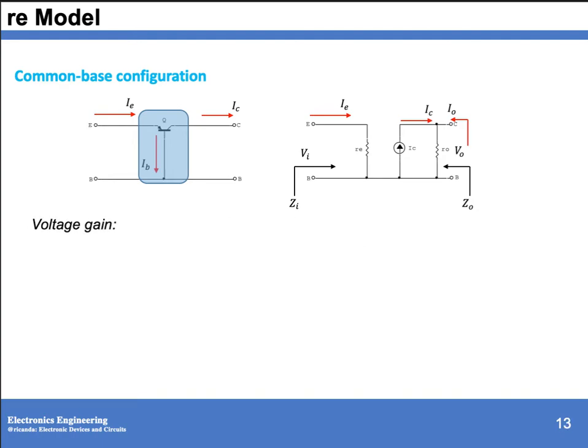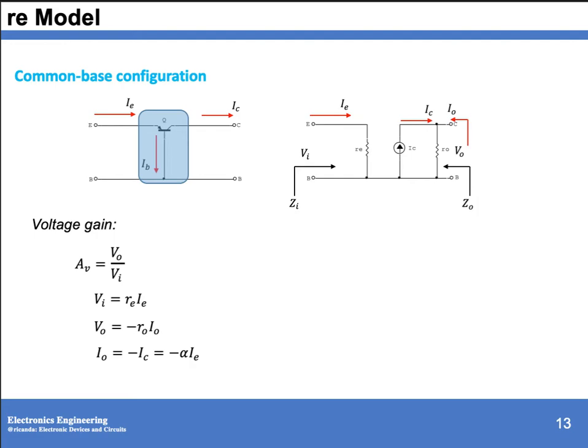For the voltage gain, that is V_o over V_i, where your V_i is equivalent to r_e I_E and your V_o is equivalent to your negative r_o I_o. But remember, your I_o is in opposite direction with your I_C. So we have I_o equals to negative I_C, and remember I_C is equal to alpha I_E.